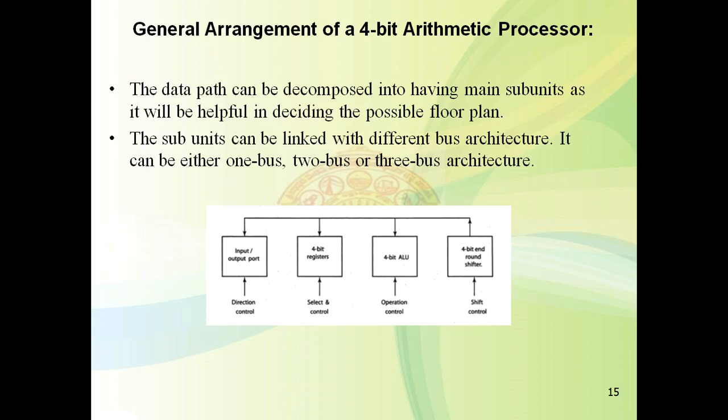That is, it has ALU, it has input output ports, it has a control unit, it has a memory. Out of that, we are going to concentrate on ALU. Now ALU is divided again into subunits. That is, it will have ALU, then it will have a shifter unit, it will have registers to store the temporary data, it will have input output ports. So the main unit is divided into subunits.